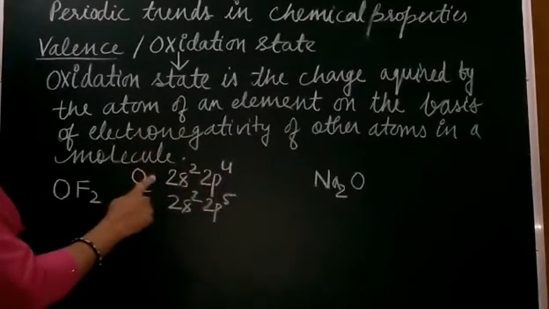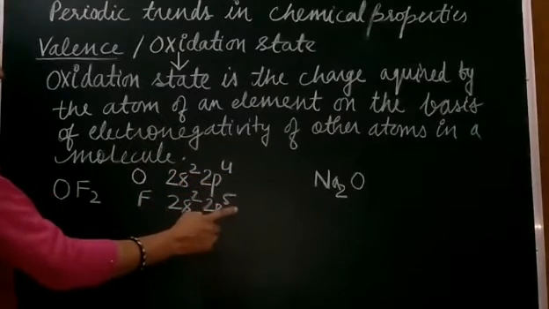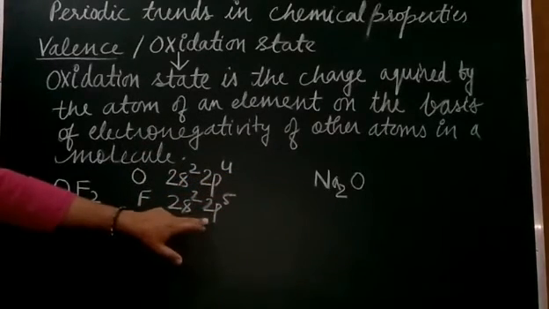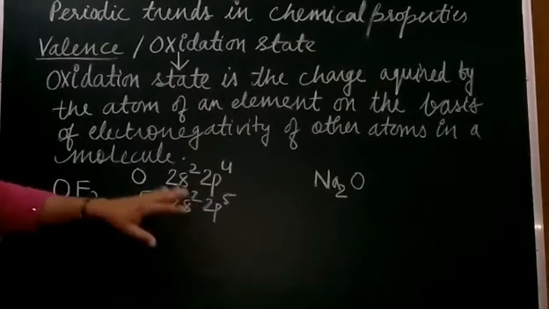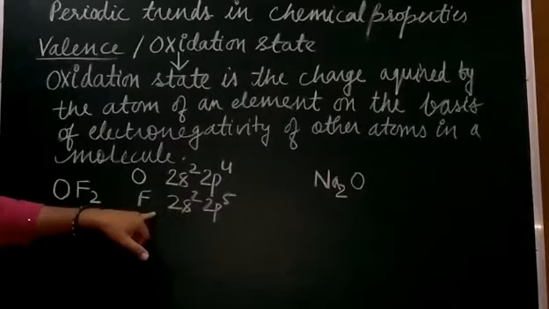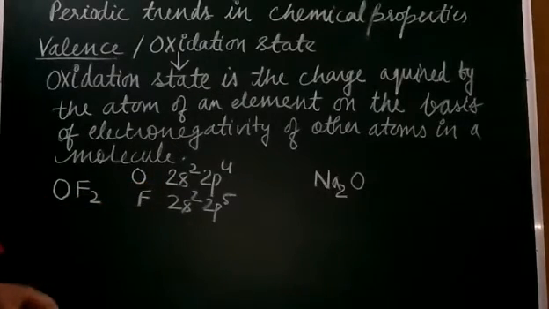So the oxygen atom is sharing one electron with a fluorine atom. For one oxygen atom, we need how much?